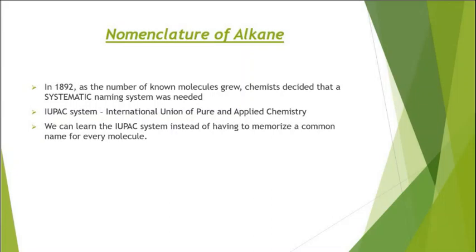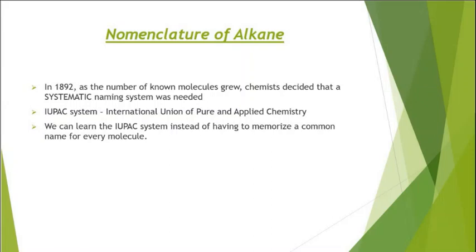As organic chemistry grew and developed, many compounds were given trivial names. Trivial names means the old or common names, which are still commonly utilized and recognized, for example, methane, toluene, acetone, etc.